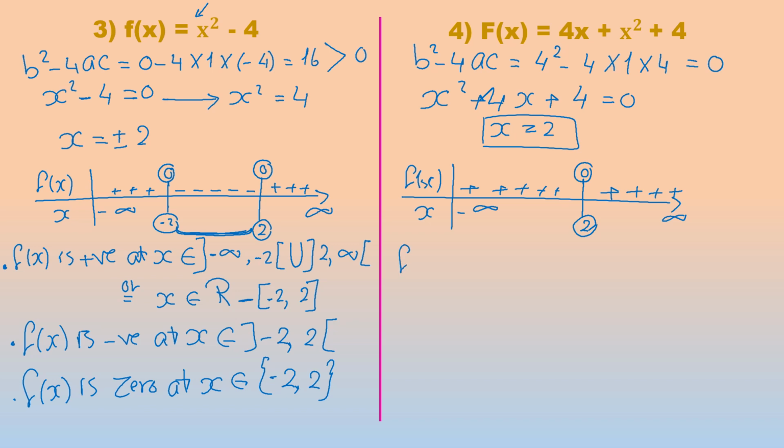So f of x is positive at R difference negative 2.